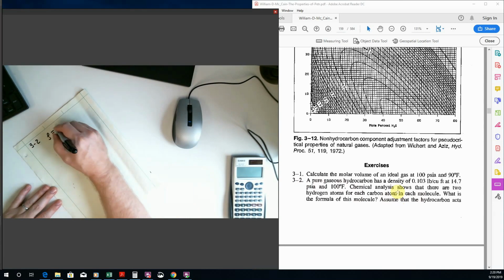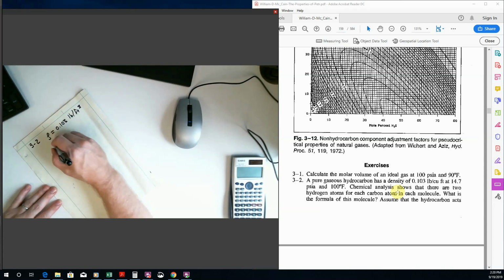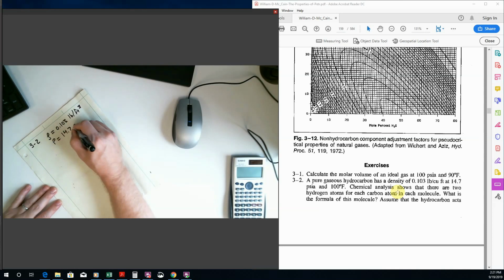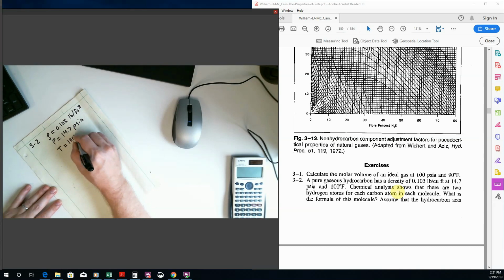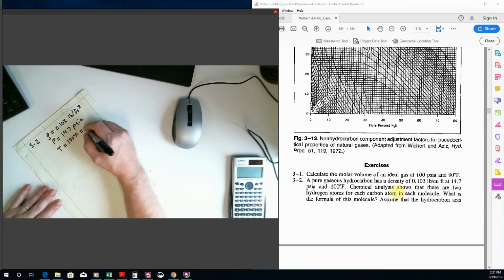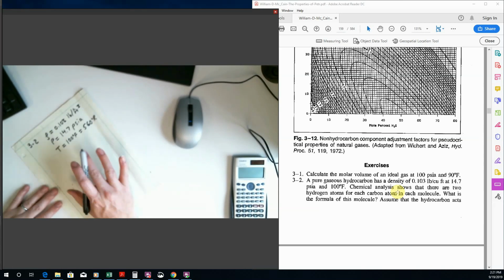Density is equal to 0.103 pounds per cubic foot at P equals 14.7 psi and temperature equals 100 degrees F, which we already know would be 560 Rankine.